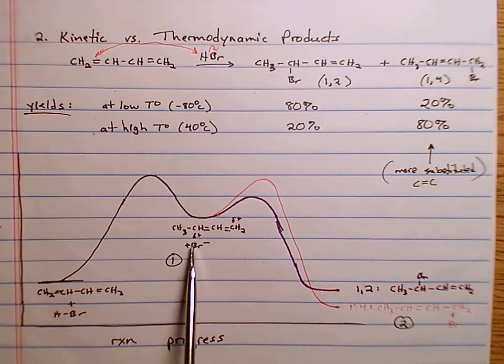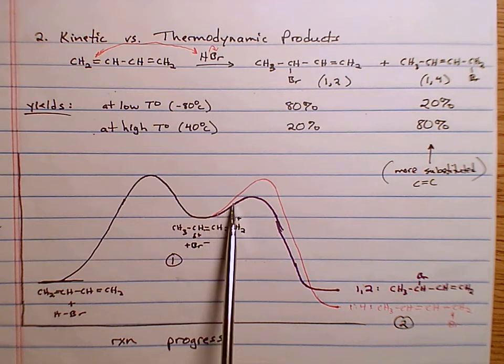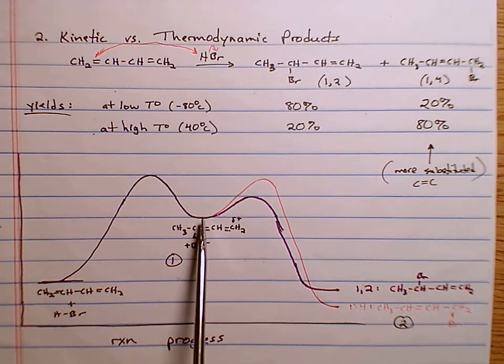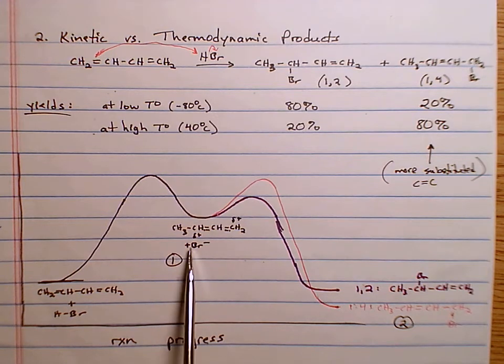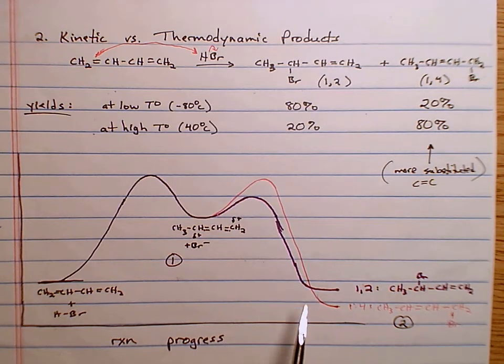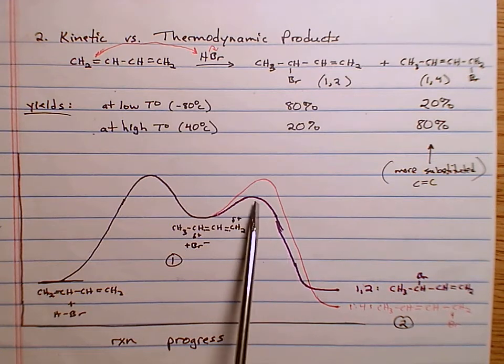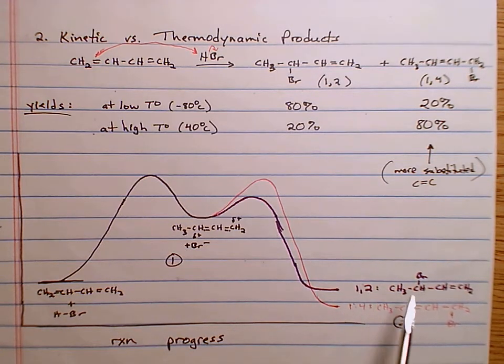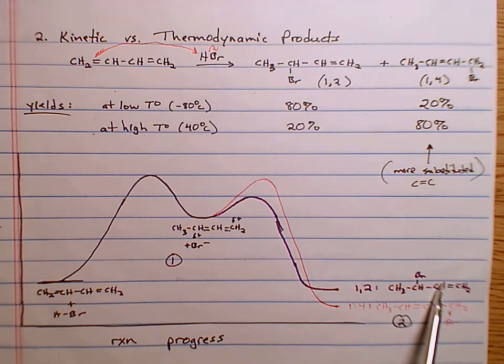Because this bromide doesn't have to fight very much solvent to get to carbon number 2, this reaction happens faster. It has a lower activation energy. It takes less energy for this bromide to just attack the partial positive charge of the carbon right here, the second carbon, because it's closer to it. And so it will form the 1,2 product.